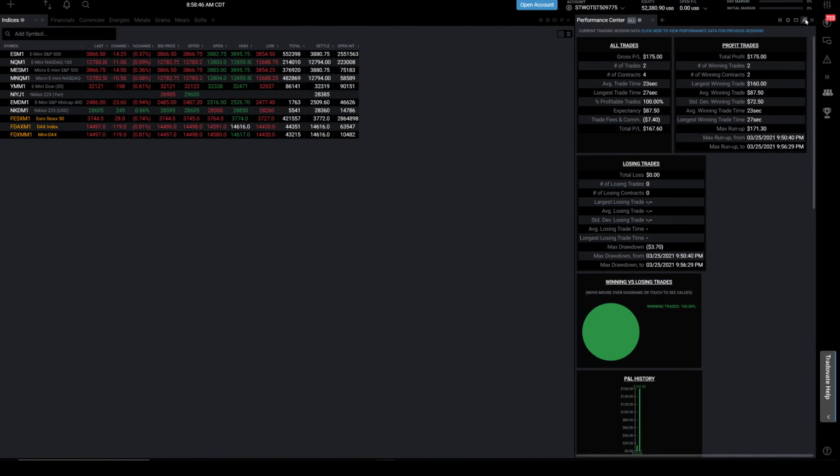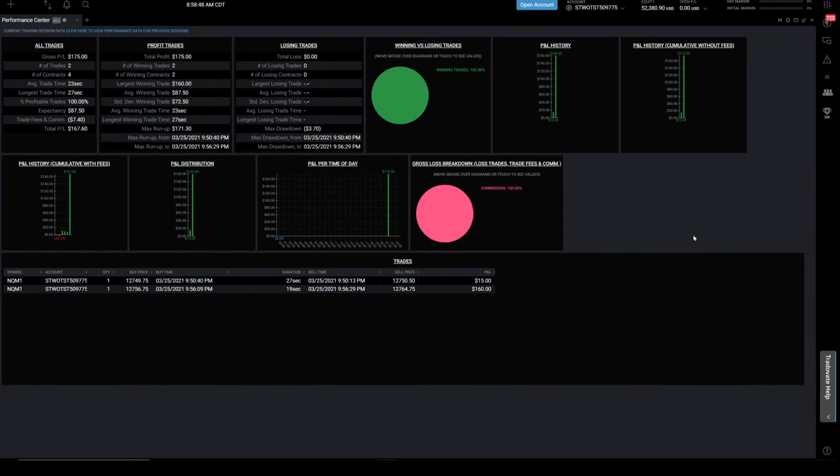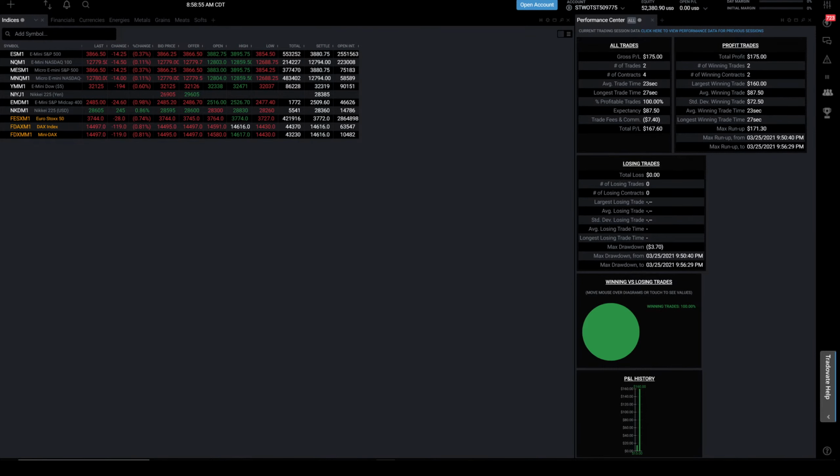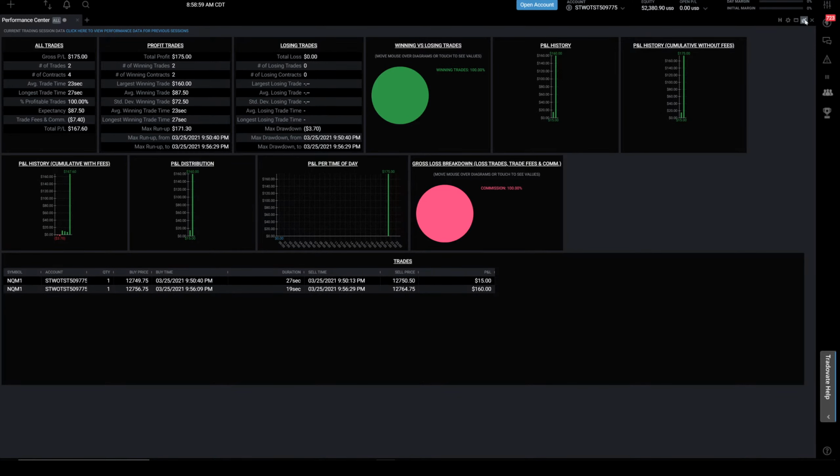So, what was that all about? Oh yeah, I know what it is. Oh, that's kind of cute. I didn't know I could do that. There you go. So there we can see the whole. I do like the Performance Center on Tradovate. This is a handy tool and a great visual, I think.